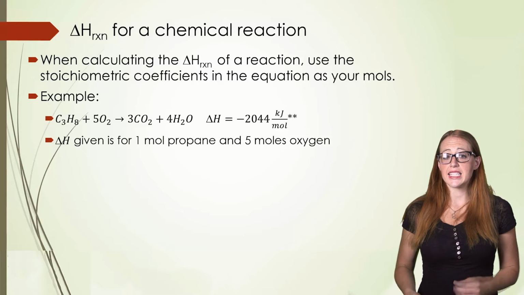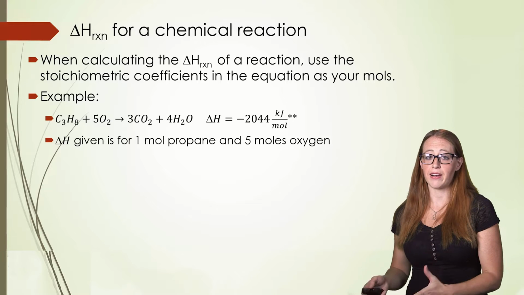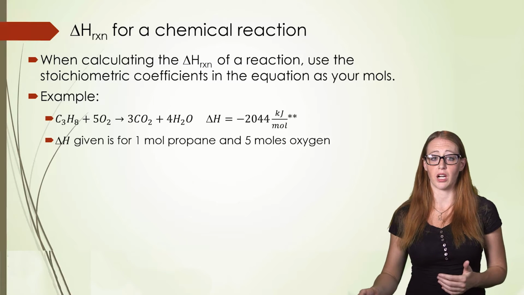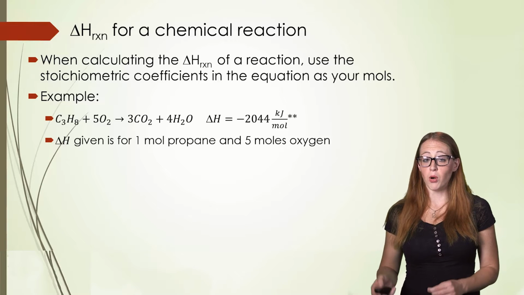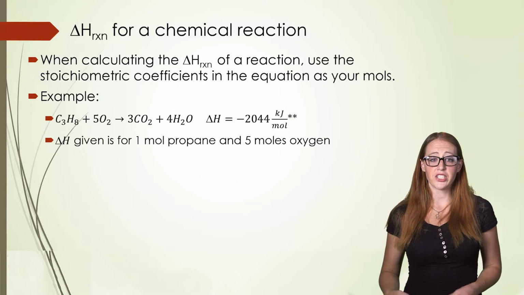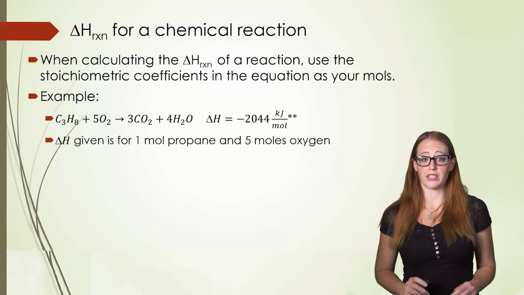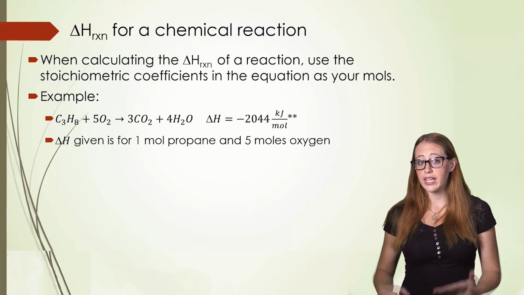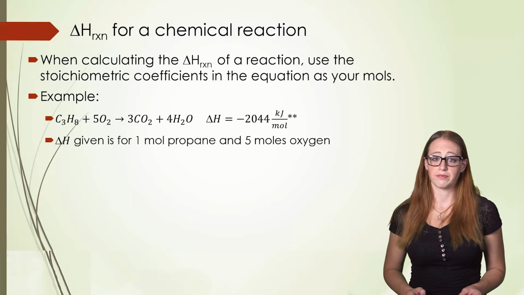So when we list this kilojoules per mole as our delta H, we have to define what type of per mole we're talking about. And the way that it's defined is moles of the coefficient. So for example, the delta H given is for 1 mole of propane and 5 moles of oxygen in order to create 3 moles of carbon dioxide and 4 moles of water.